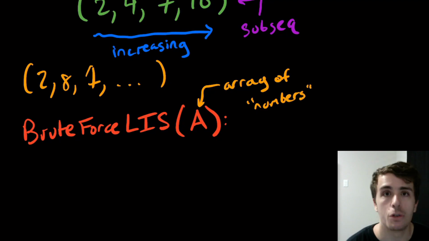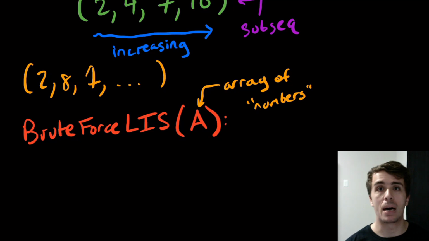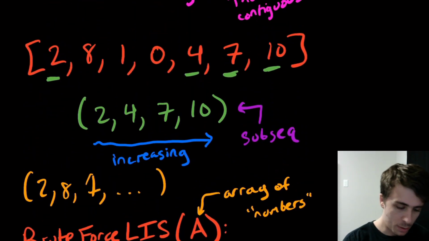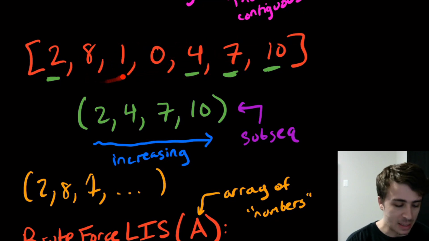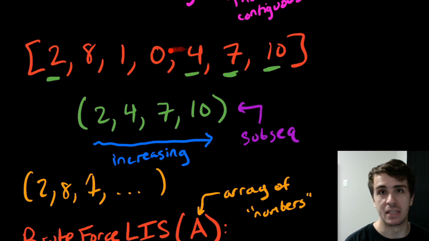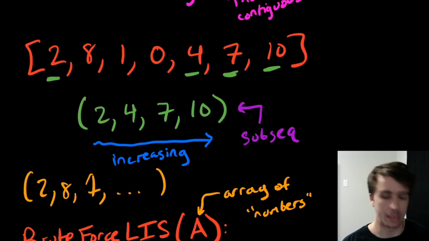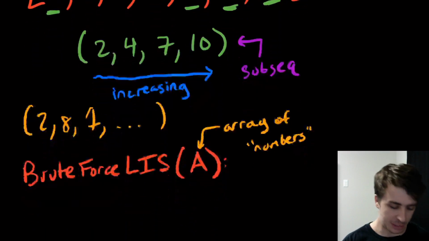What we can do is just look at every possible subset. We might not know exactly what to do, so we'll look at all possible subsets and look at each one and see, is it increasing? In other words, is it already sorted?